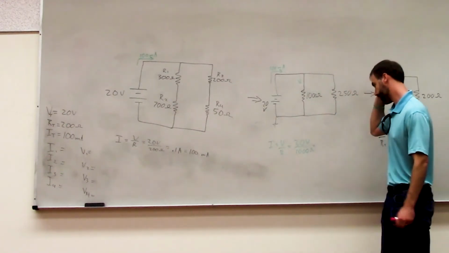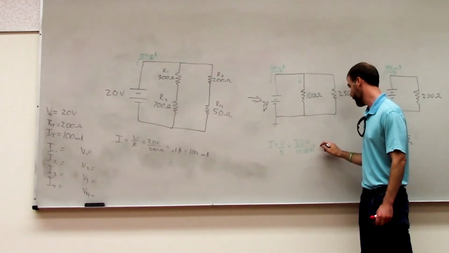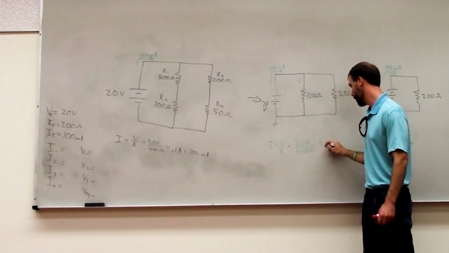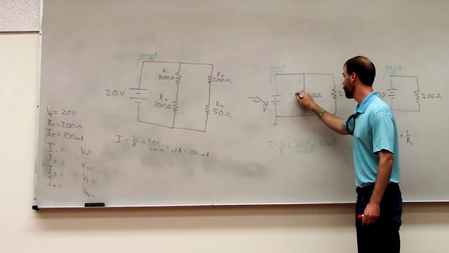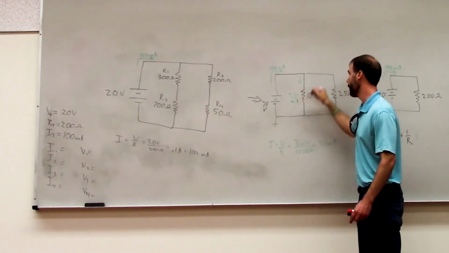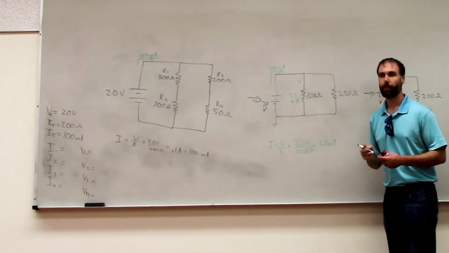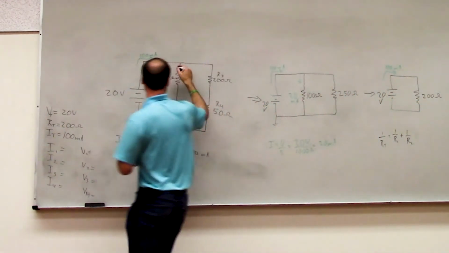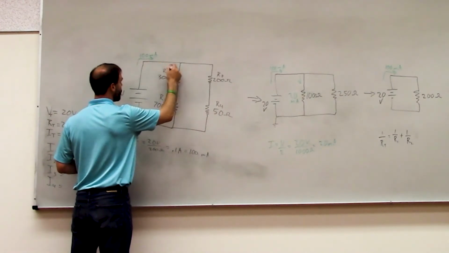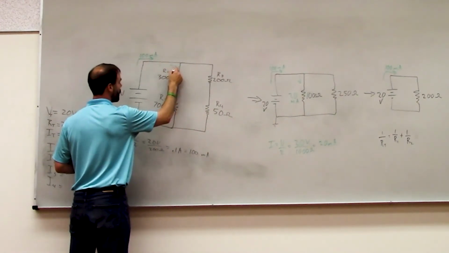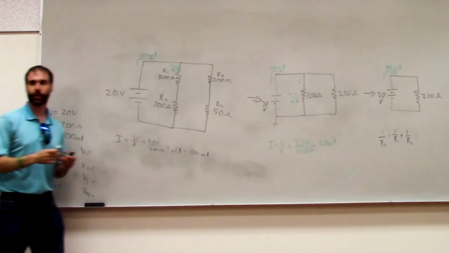So then, in that case, we have a current of 20 milliamps. So we have 20 milliamps flowing down this branch of the circuit. That means that we have 20 milliamps flowing down that branch of the circuit also.